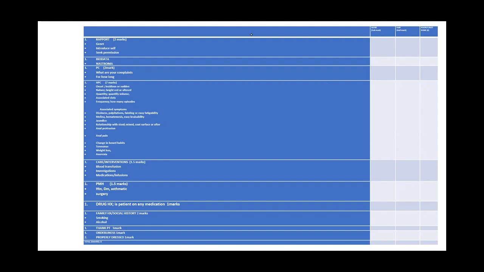Anytime you are asking of bleeding, don't forget, you must ask for associated clots, because clots signify severity of bleeding. A clot that is about the size of a clenched fist is roughly about 500 mils. You see?